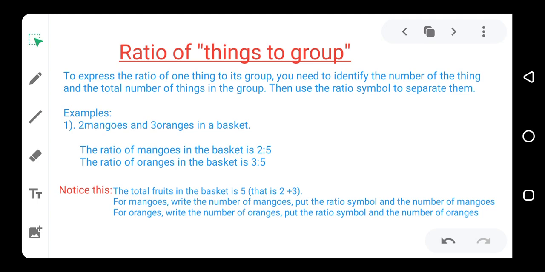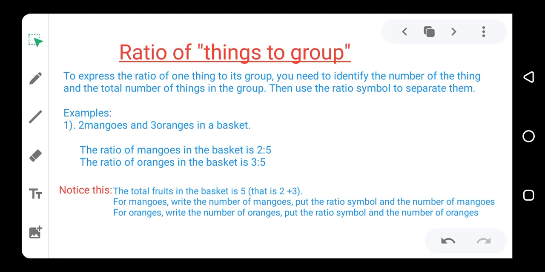So if we want to write the ratio of the mangoes in the basket, first of all, we have to check the total number of fruits in the basket. The total number of fruits in the basket is two mangoes and three oranges, which is 2 plus 3, that is 5.